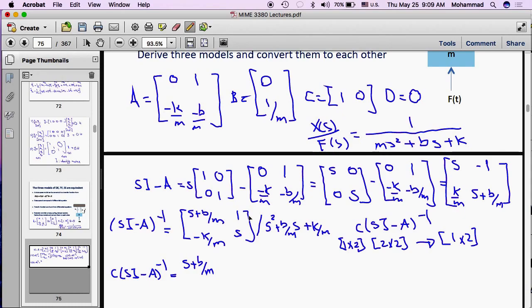Now again, the same row will be multiplied by the second column, which means 1 gets multiplied by 1 and 0 gets multiplied by s. Can you see that? And what is left is 1. So this is a 1 by 2 matrix, and we shouldn't forget the determinant. So this carries over.